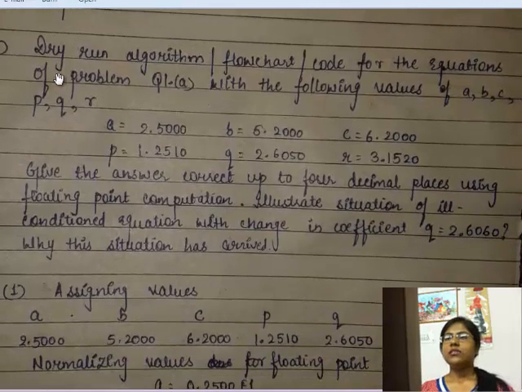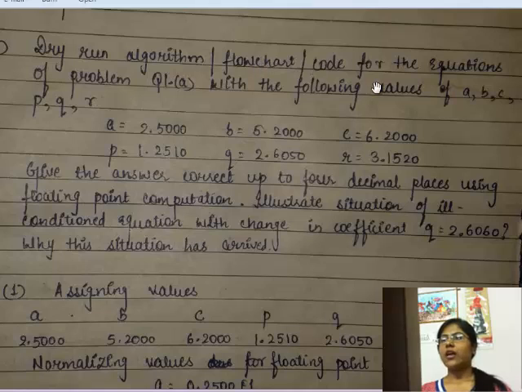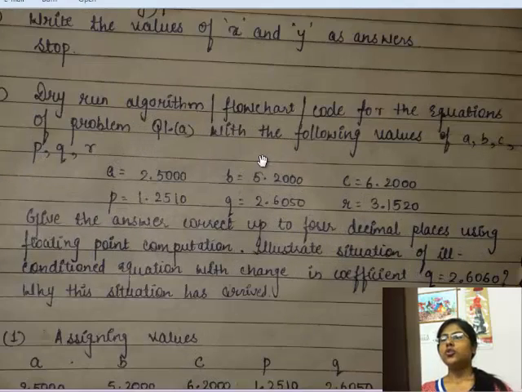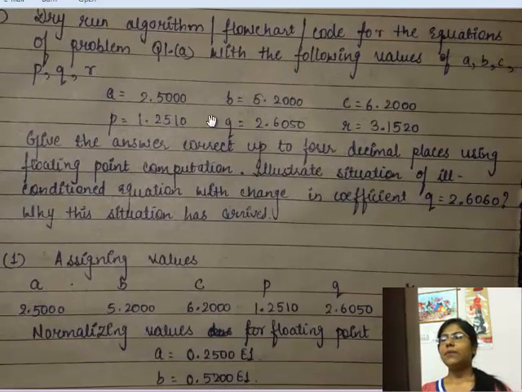Then heading for the next question, we need to dry run the algorithm that we have developed for calculating the values for the equations that have been given to us, that is ax plus by equals c and px plus qy equals r. Here the values of a, b, c, p, q and r have been given to us.